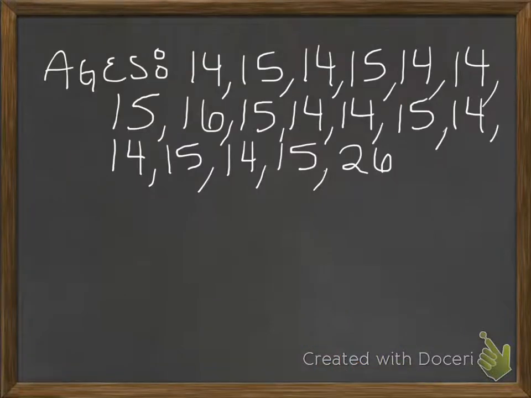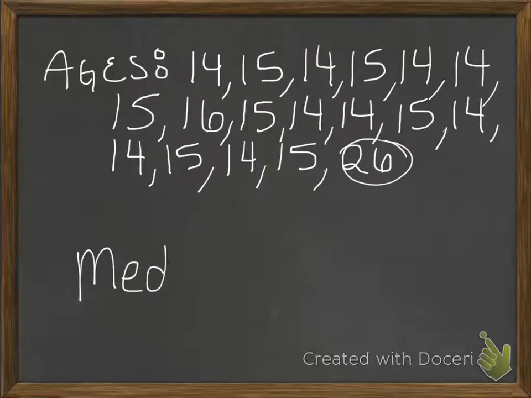Okay, so if we look at this data here, let's say that this is the ages of everybody in your class, which ranges about 14, 15, or 16 years old. And then this one right here is Mrs. Cornell. Okay, so obviously that 26 does not fit in there. So the 26 would be considered an outlier. Well, when there's an outlier, for the best measure of central tendency we would actually use the median.